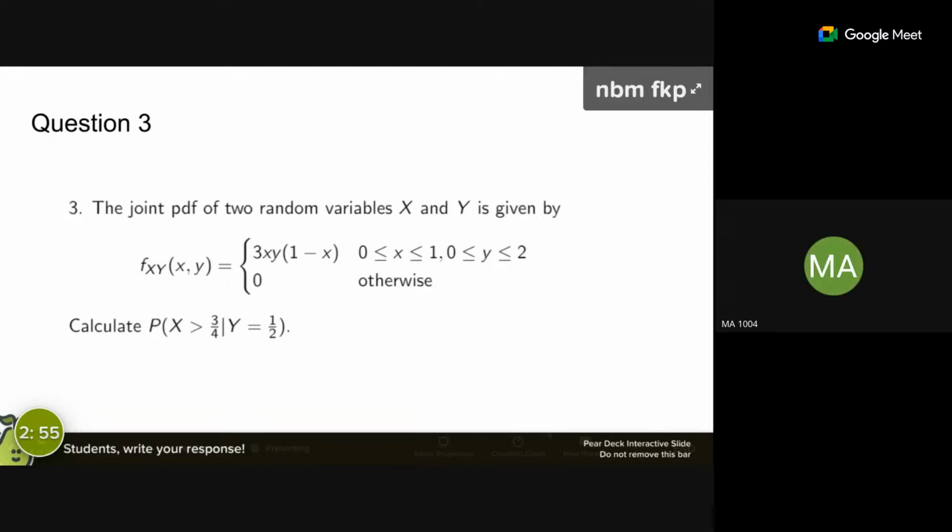Check it. Ma'am, it is 0 to 1, right, for the marginal density of y?